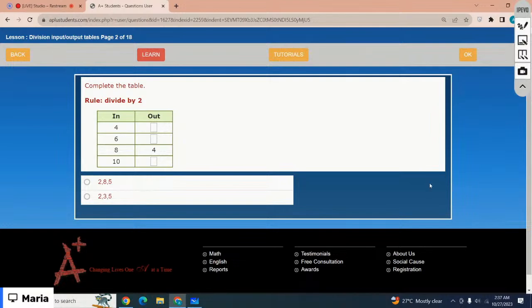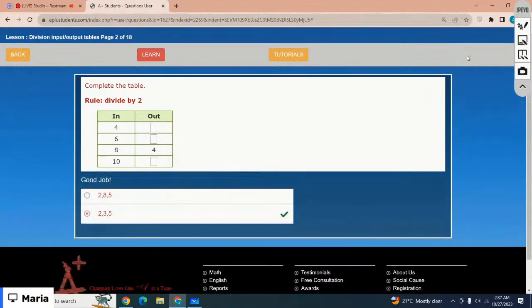So the correct option is yes, 2, 3, and 5. Option number 2 is the correct option, right? When you divide 6 by 2, the answer is 3.